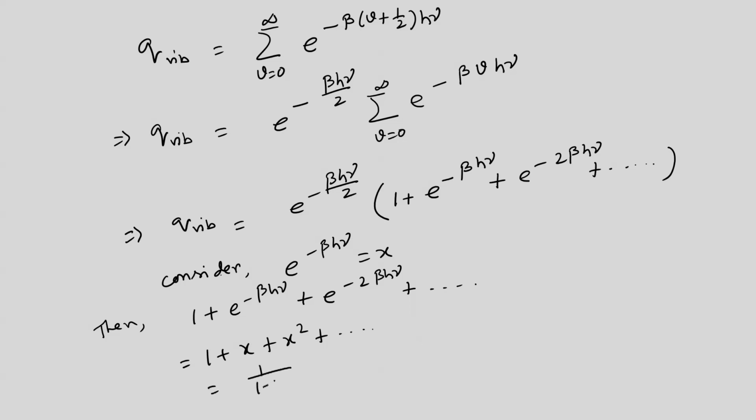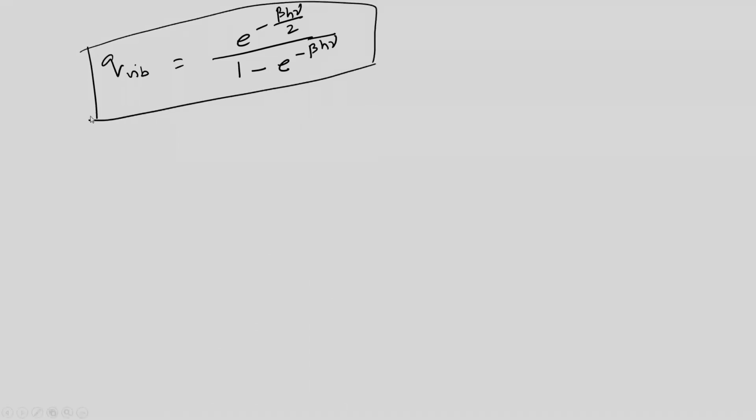So, we get 1 by 1 minus x, provided x is much lower than 1. So, Q vibrational is e to the minus beta h nu by 2, and in the denominator we have 1 minus e to the minus beta h nu. This is the vibrational partition function.